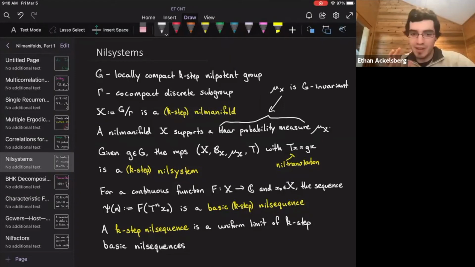That's only a basic nilsequence, a k-step nilsequence. We need to be able to take uniform limits. So in the case of compact abelian groups, if you take a uniform limit of almost periodic functions, you're going to get, again, an almost periodic function that you can describe by a new compact abelian group.